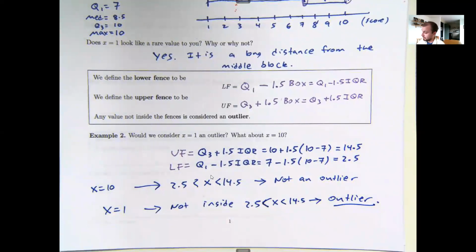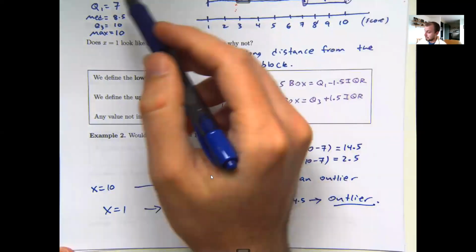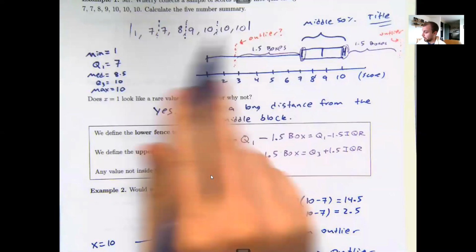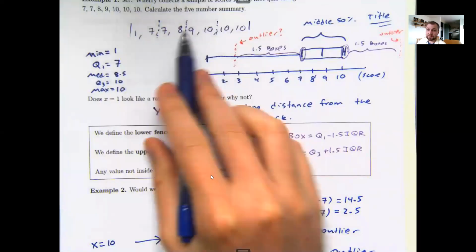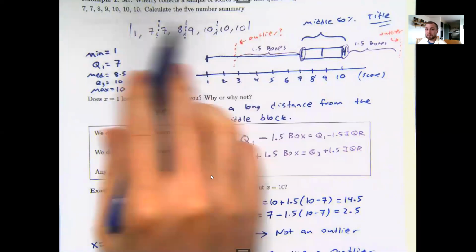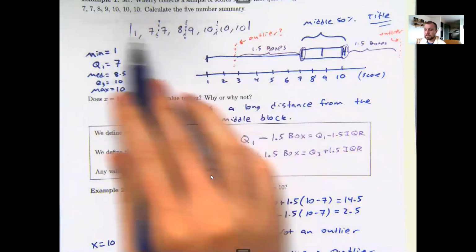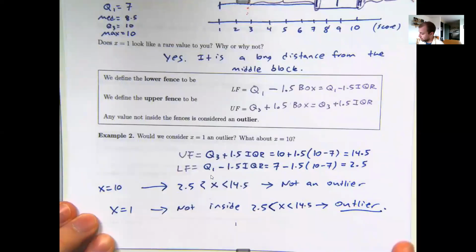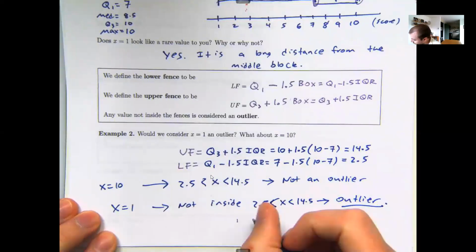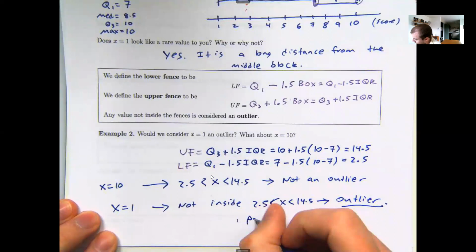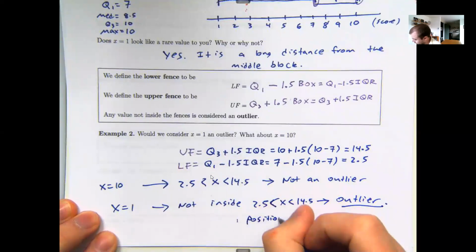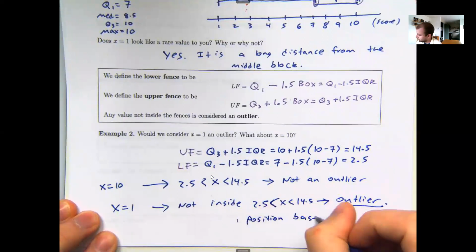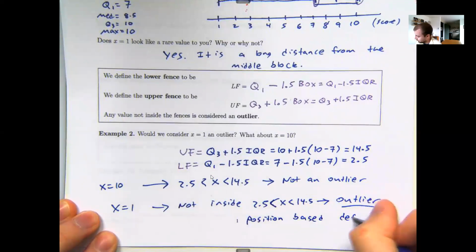When I'm talking about this stuff and I'm looking at the 5-number summary with the minimum, Q1, median, Q3, and the maximum, this is really related to sort of the position of where it is in the list, breaking things up evenly into quarters here. So this is a position-based definition of what it means to be rare.